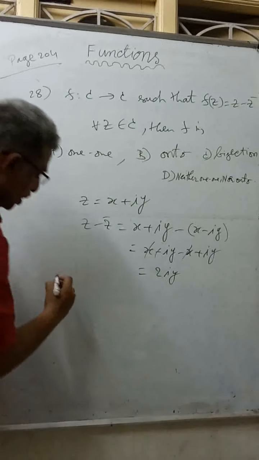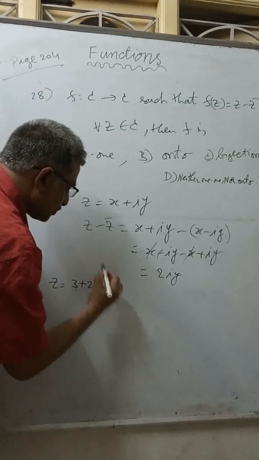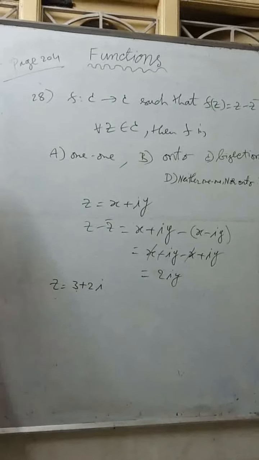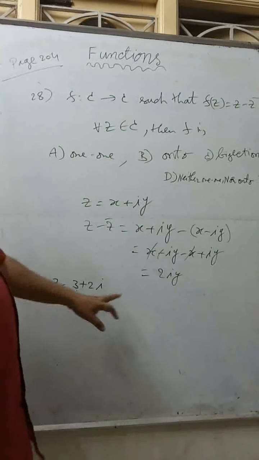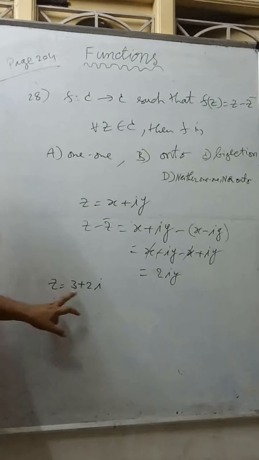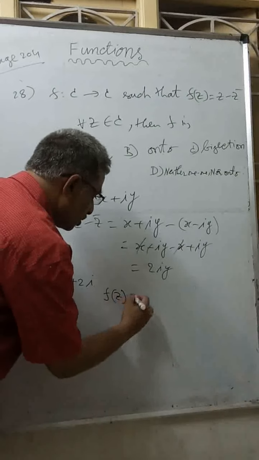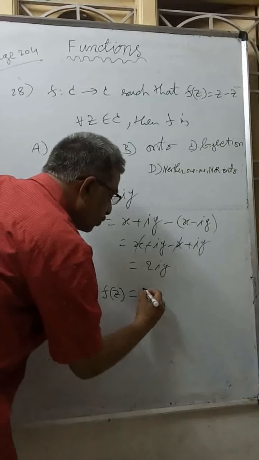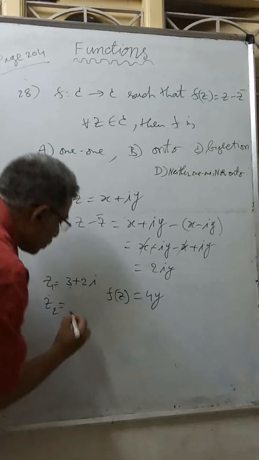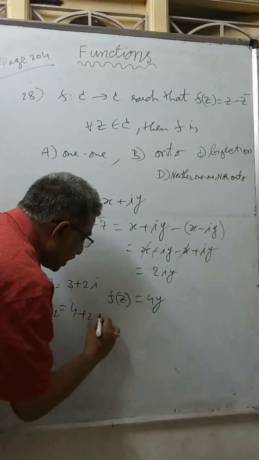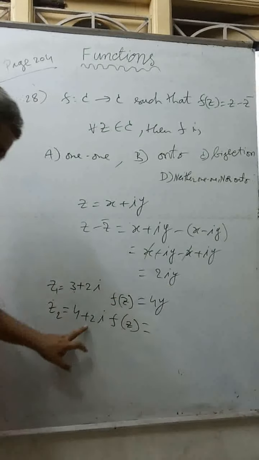Now if I take z equal to 3 plus 2i, how can I map this f of z? f of z equal to 2iy, 2 times 2 is 4i. Same, if I take z2 equal to 4 plus 2i, f of z is also 2iy, 2 times 2 is 4i.